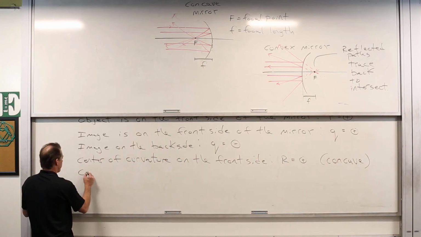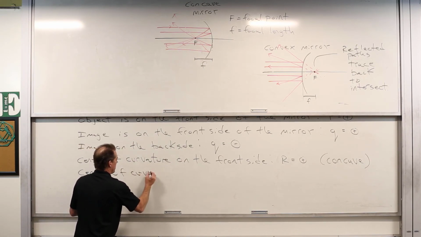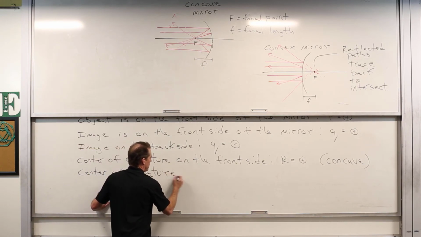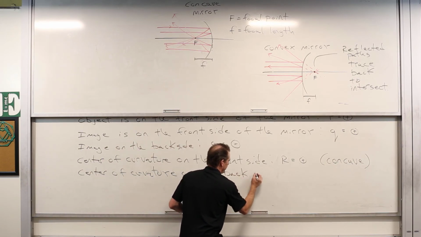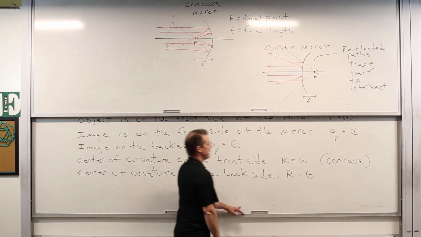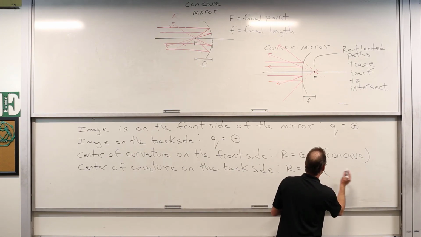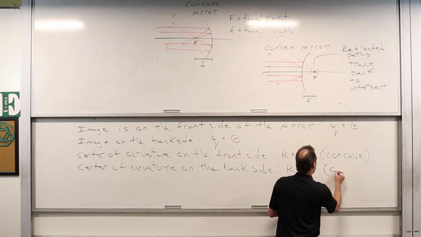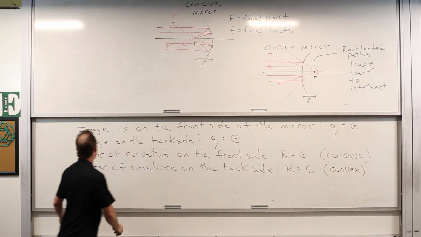And then if the center of curvature is on the back side, the radius of curvature will be considered a negative value, and that would be since we've got a convex mirror.